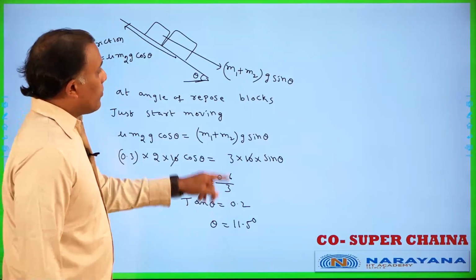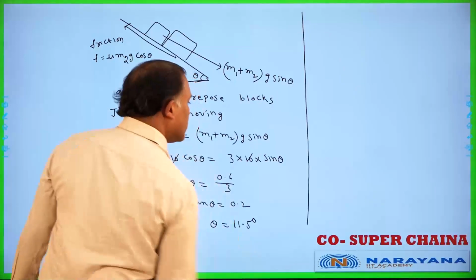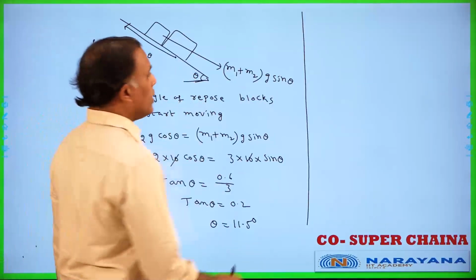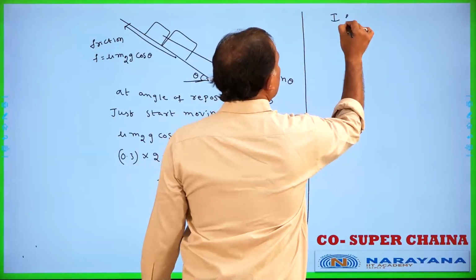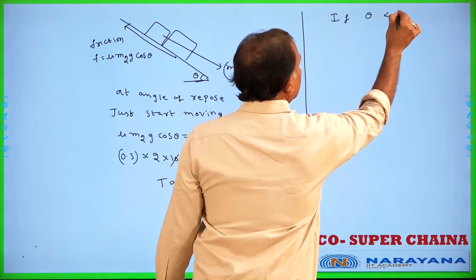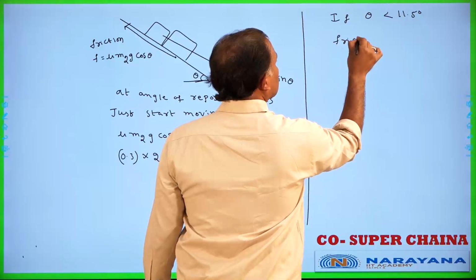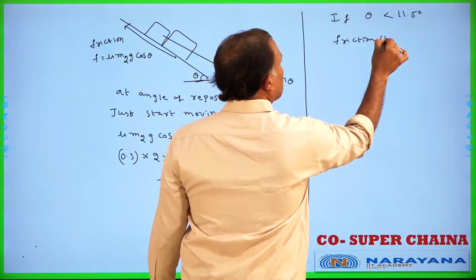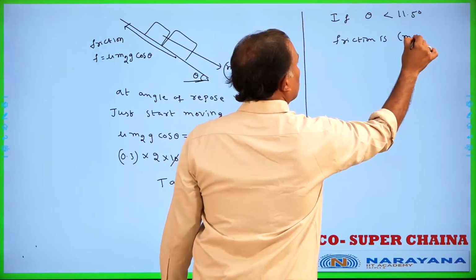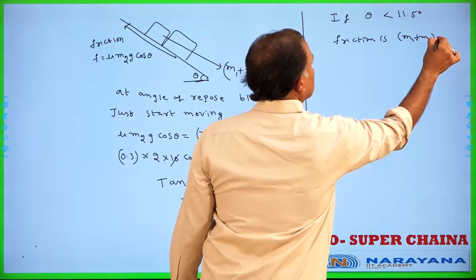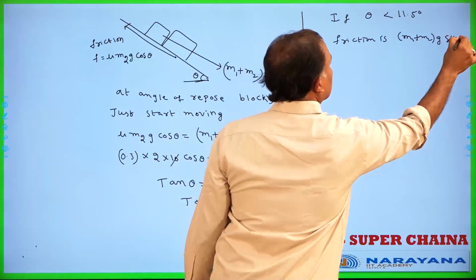If the angle of inclination theta is less than 11.5, friction is (M1 plus M2) g sin theta.